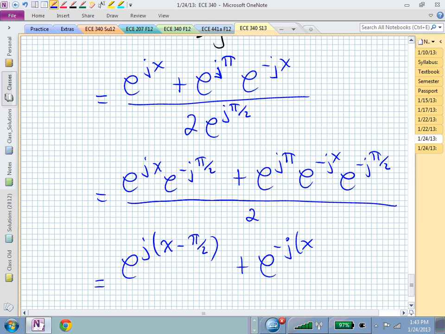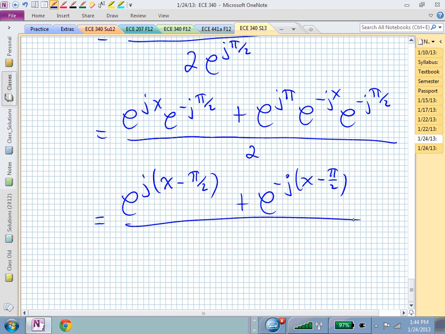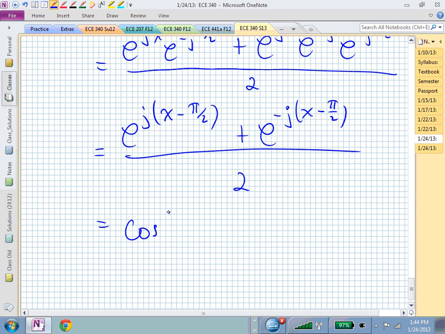But I can write that as minus a minus pi over 2, and so now I can say x minus pi over 2. And this is over 2. But what is staring me in the face? That's a way of relating the sine to the cosine. This is now equal to what I started with, which is the sine of x.